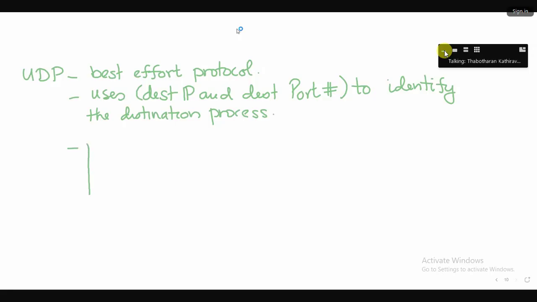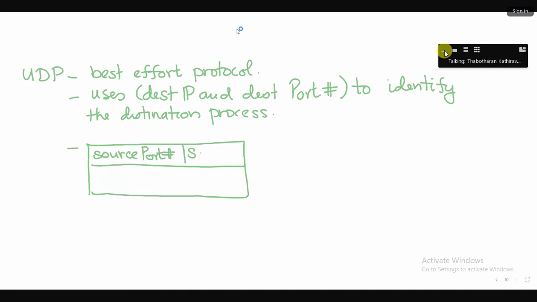So you may just remember this: in a UDP segment, the source port number plus source IP address is included.